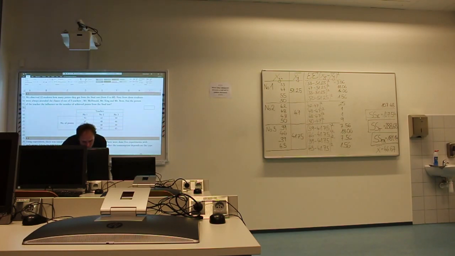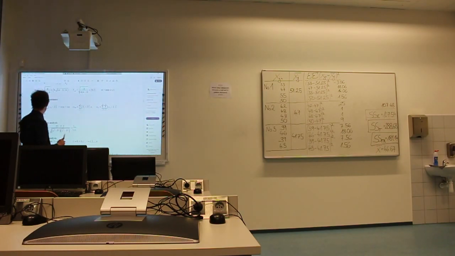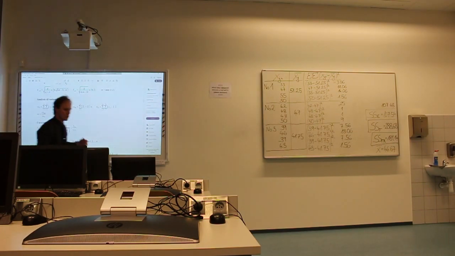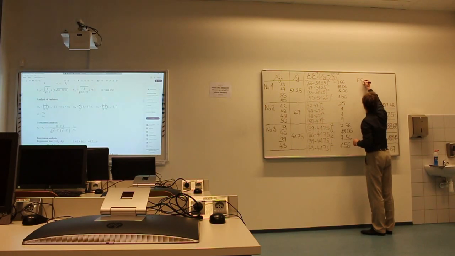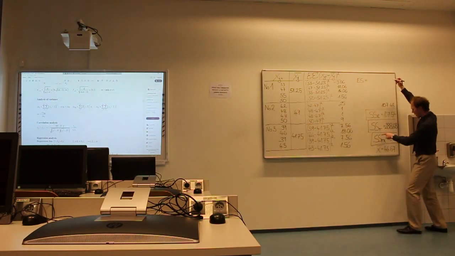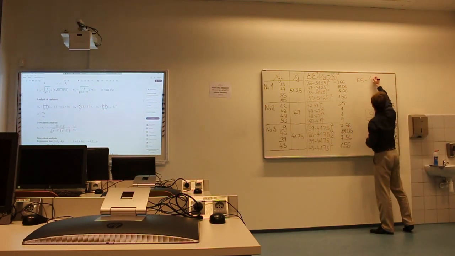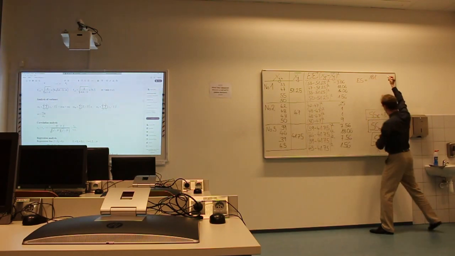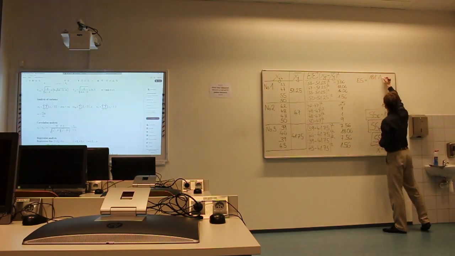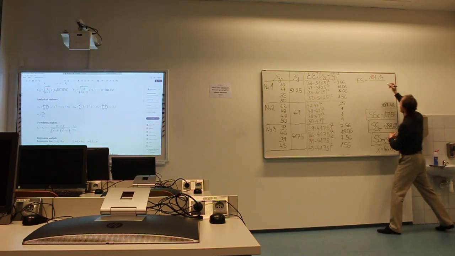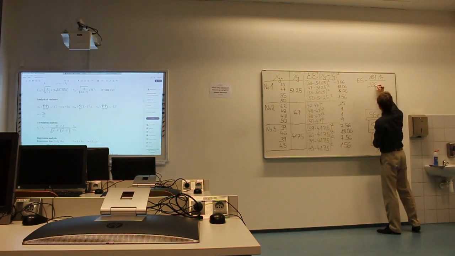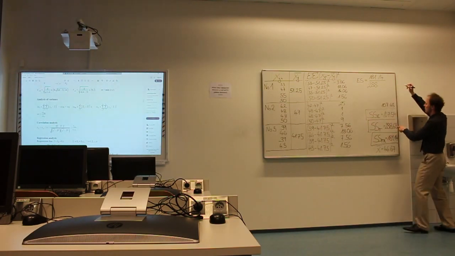So, effect size is equal to treatment sum of squares divided by total sum of squares. Effect size, treatment sum of squares, 181.14 divided by total sum of squares, 288.68.